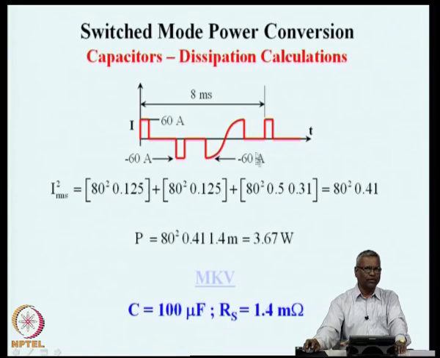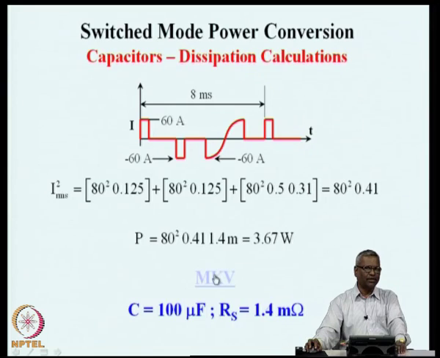Then this sinusoidal one, if it is a pure cosine or sine, it will be 80 square into 0.5 as the RMS square, but this is only over a period of 2.5 millisecond, which is 0.31 times 8 millisecond. So, this quantity now turns out to be 80 square into 0.41, that is the I square RMS, and multiplied by the equivalent series resistance it gives a power dissipation of about 3.67 watts.